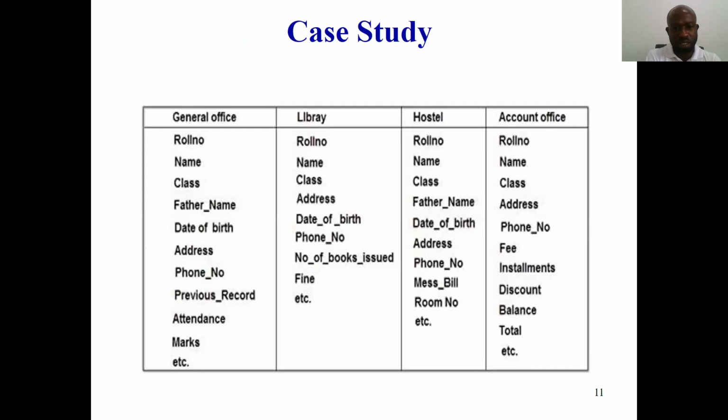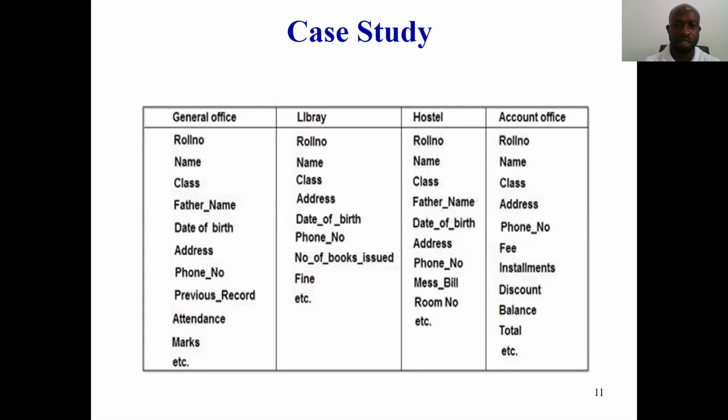Now let's look at a case study. For example, if this is a file, we have a general office, library, hostel, and account office. You could see that there are some similarities with respect to these offices. That is name, class, father's name, date of birth, address.